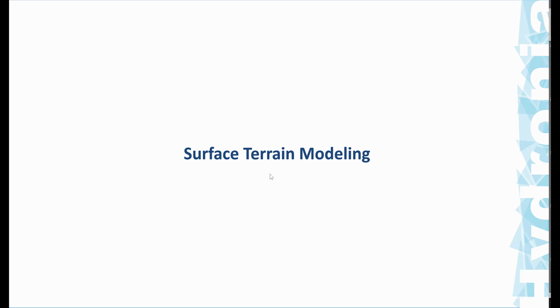Okay, so now we're going to continue with the last part of the session, which is related to the surface terrain model. And this relates to the way in which the terrain elevations can be represented in a geographical information system.